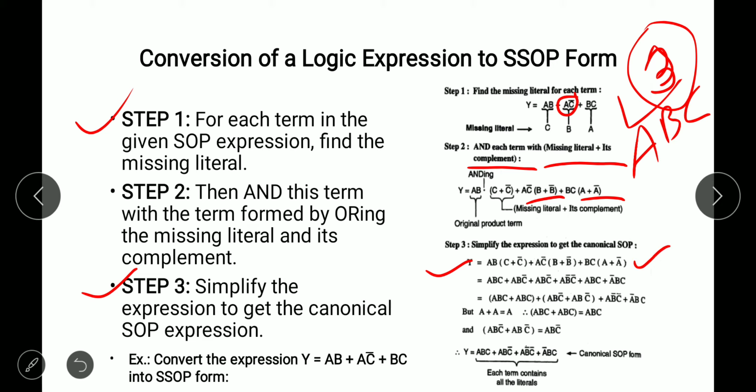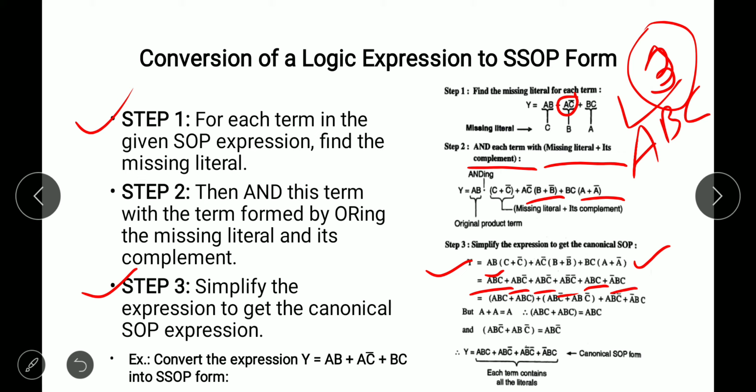We use the distributive law here. So AB is multiplied by C, so the first term is ABC, then ABC bar, then AC bar B, then AB bar C bar, then ABC and A bar BC.